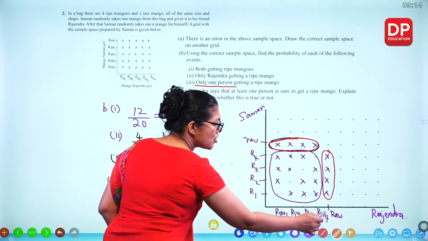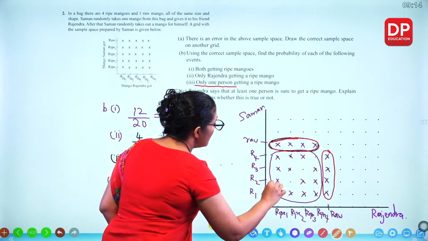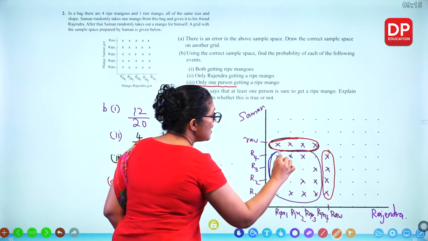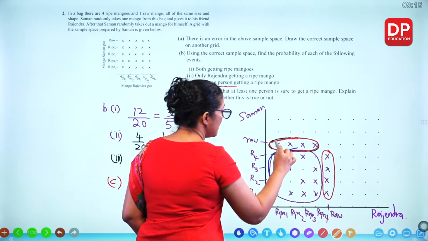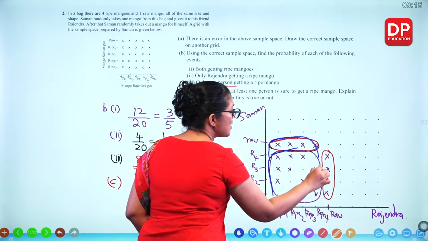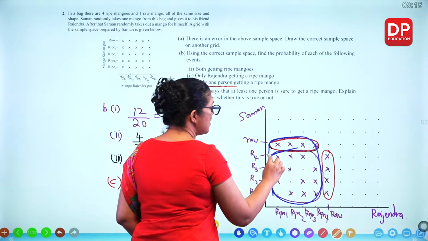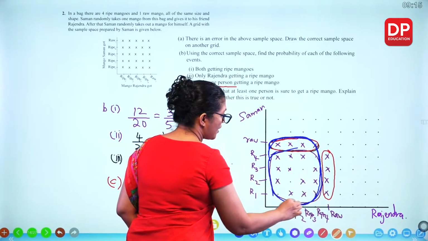So if Rajendra gets a ripe one, someone also can get ripe ones as well as he can get a raw one as well. Because at least one person, either one person or both.